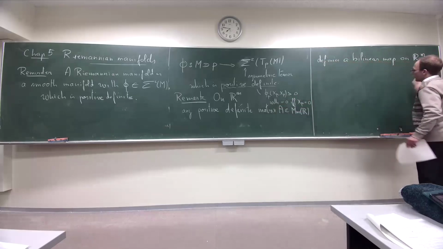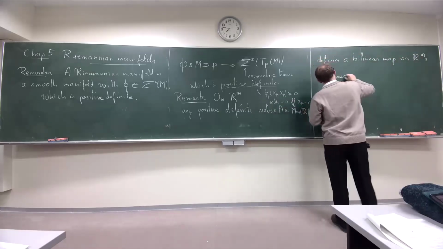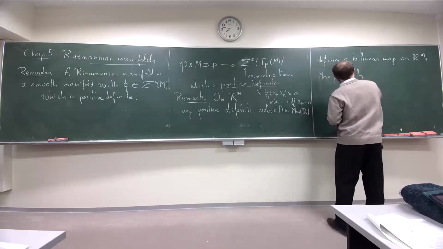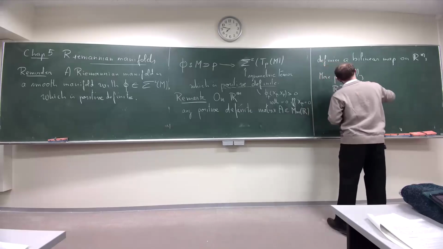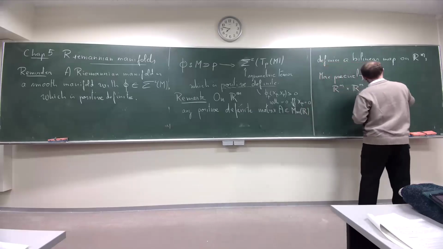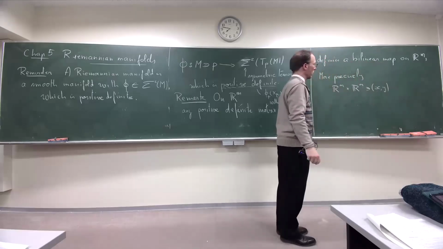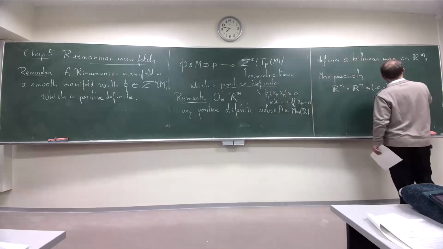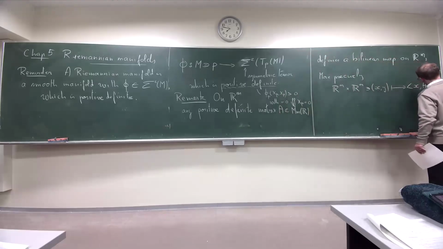More precisely, you take two copies of Rm. Inside, you take a vector x and a vector y. It's more natural in this setting to call it x and y. It goes to the scalar product x, Ay.